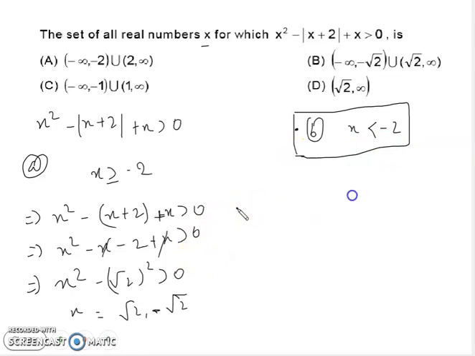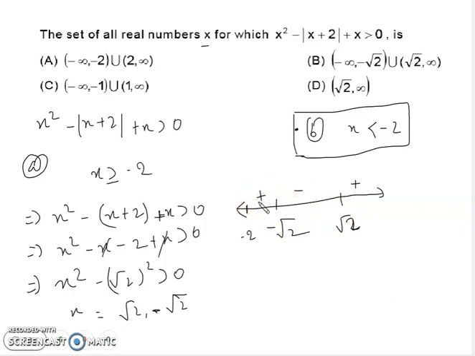So these are the turning points: minus root 2 and root 2. We also know that x cannot be less than minus 2, so we take minus 2 as the limit. For x greater than root 2 the expression is positive, between minus root 2 and root 2 it is negative, and after that positive.